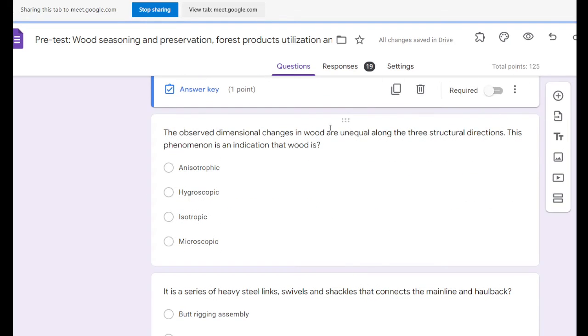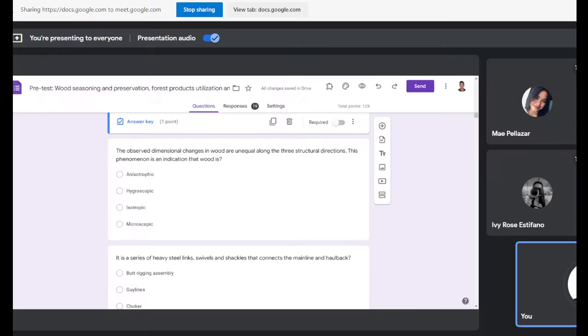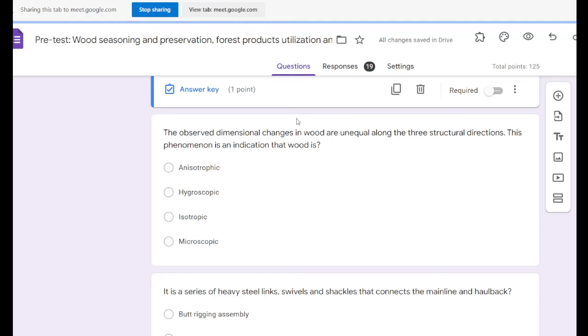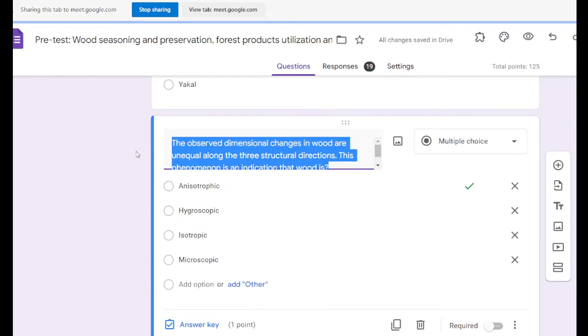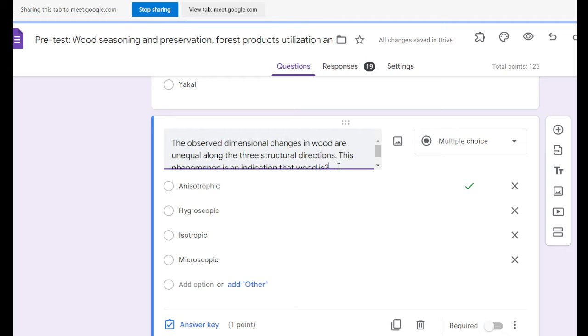Observed dimensional changes in wood are unequal along the three structural directions. This phenomenon is an indication that wood is anisotropic. Yeah, wood is anisotropic. Okay, anisotropy meaning the properties of a certain material in various directions have different performance or different results.